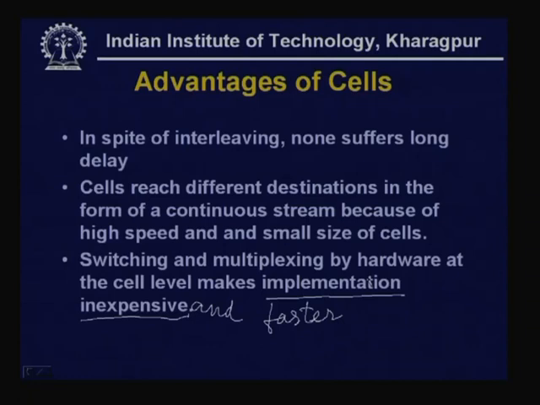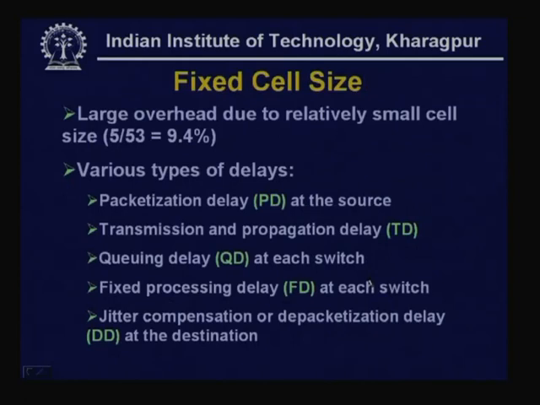So these are the basic advantages of cell switching. However, there are some limitations. Since the cell size is small, and as we shall see, the header has 5 bytes and the payload is 48 bytes, that is the size of a cell, and as a consequence the overhead is 9.4%, which is quite high.